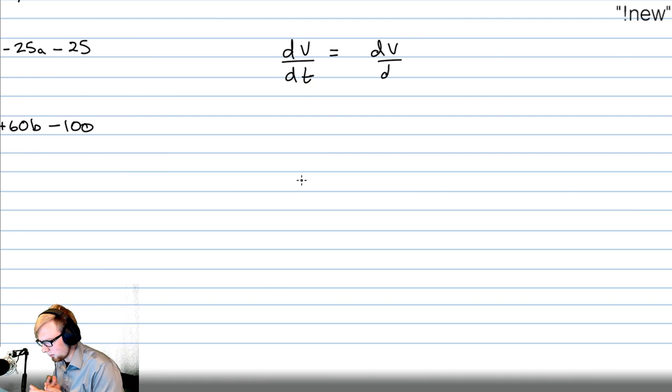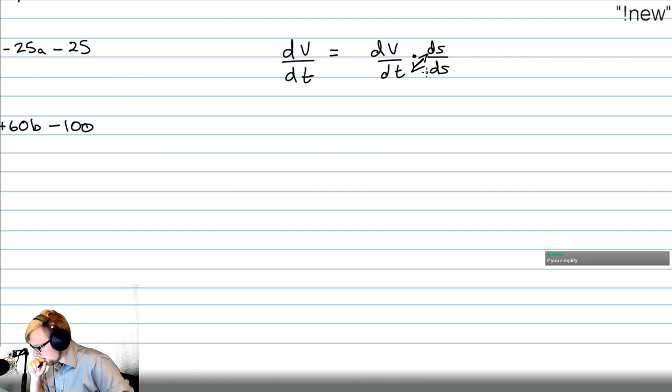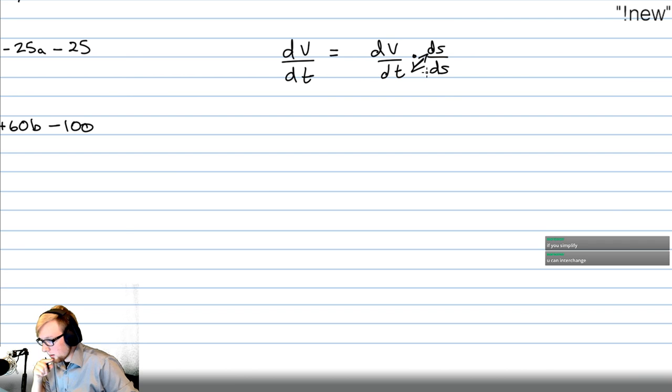I think it'll suffice though. I'm not entirely sure if you can actually interchange these two just for the sake of interchanging them. So then, yeah, that would do it.